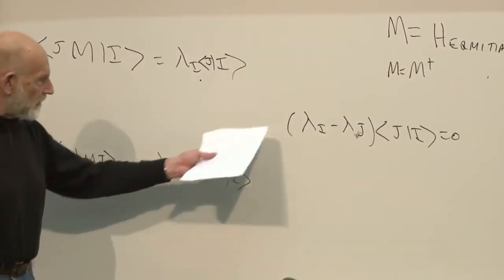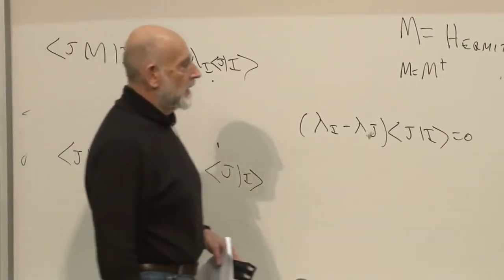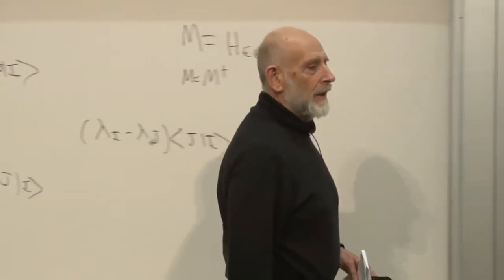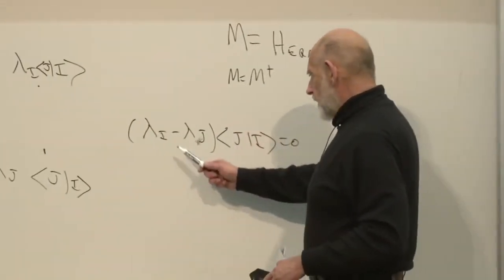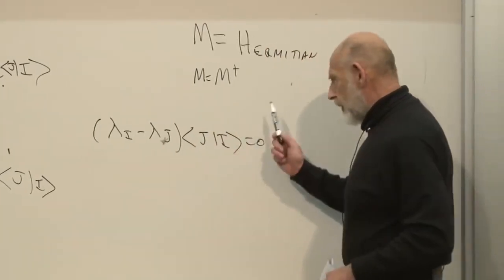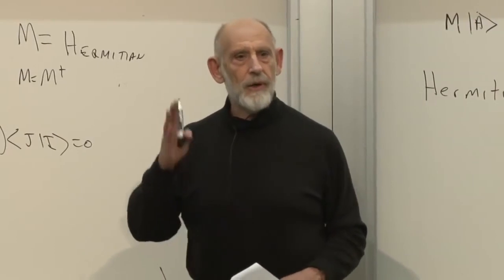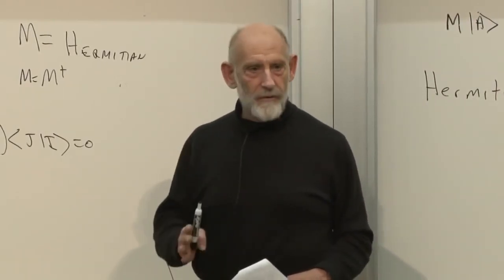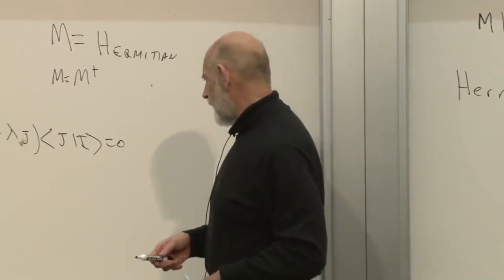All right, so lambda I minus lambda J times the inner product of J and I equals 0. Well, if the product of two things is 0, it says unambiguously at least one of them is 0.